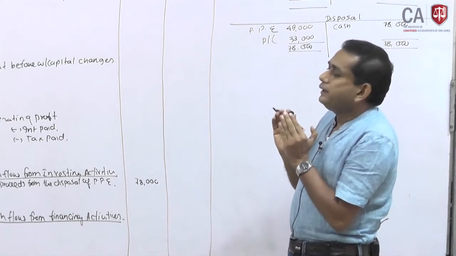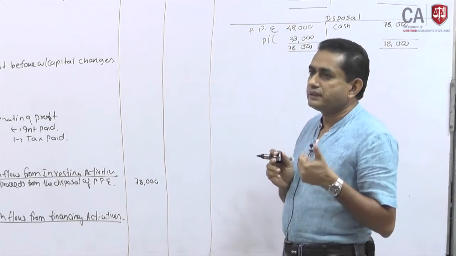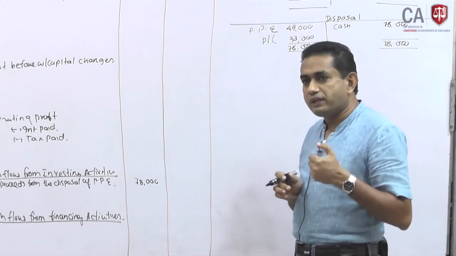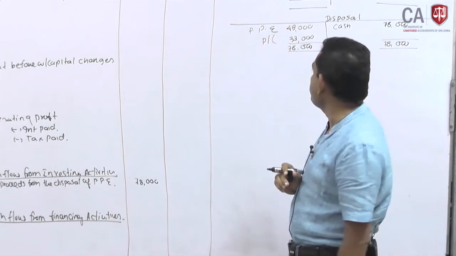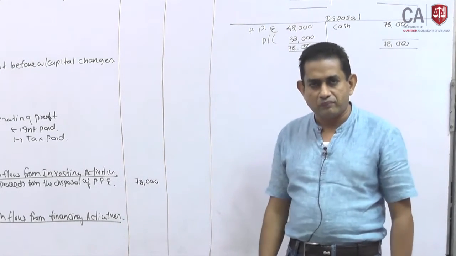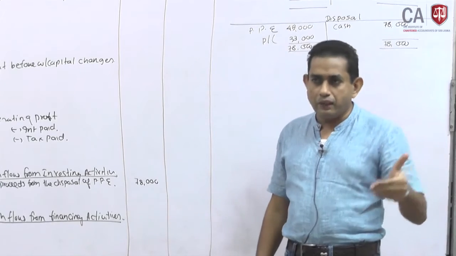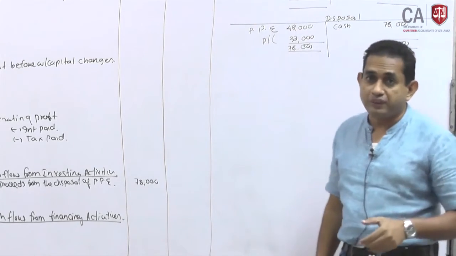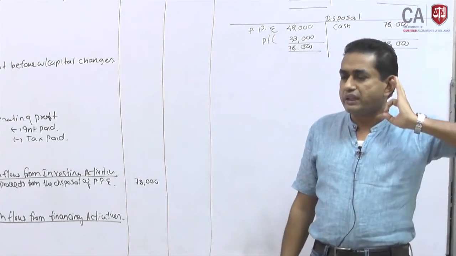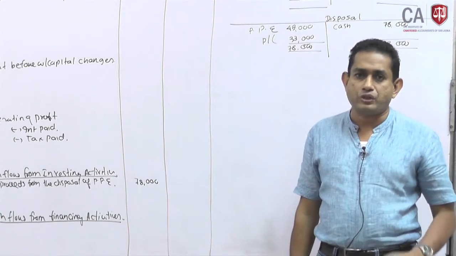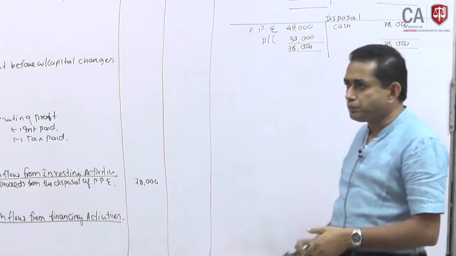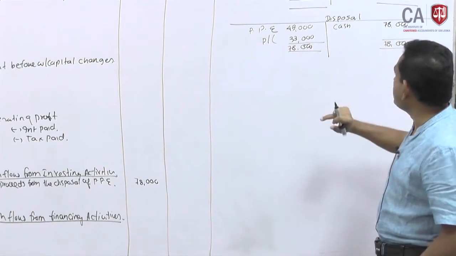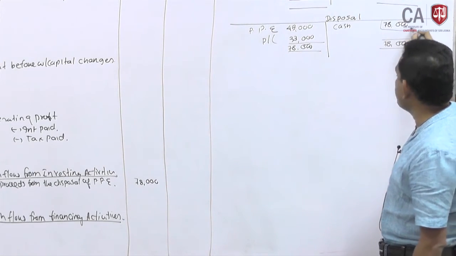Now, the current year profit of 217,000 obviously would have been calculated after including this disposal profit of 33,000. As I said at the outset in my earlier explanation, this 33,000 cannot at all be a cash transaction. The cash element of this disposal transaction is not 33,000, it is 78,000.